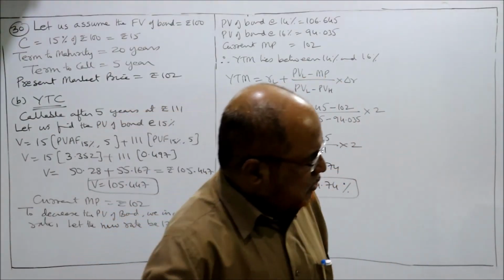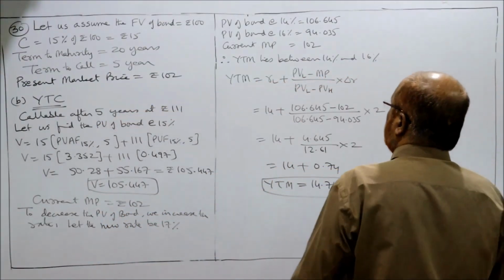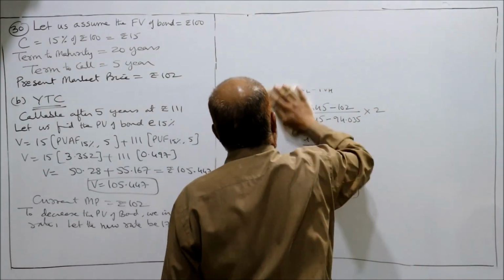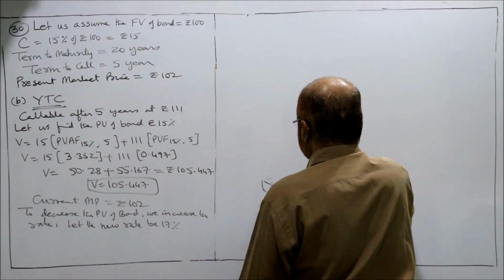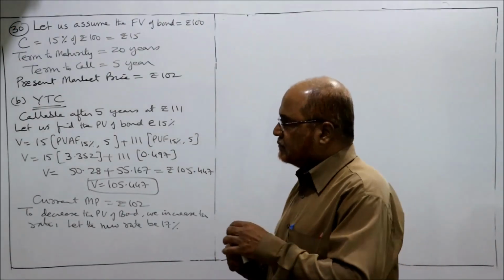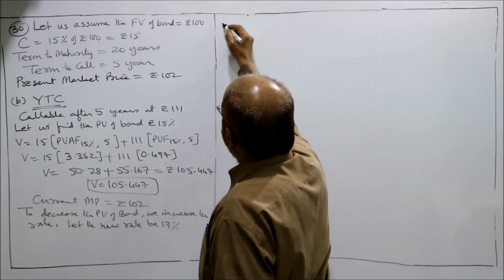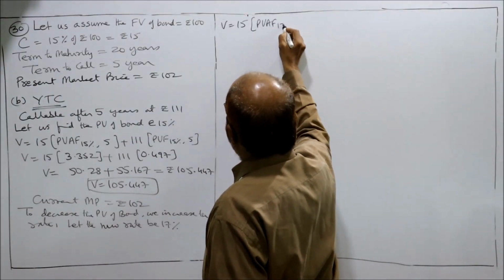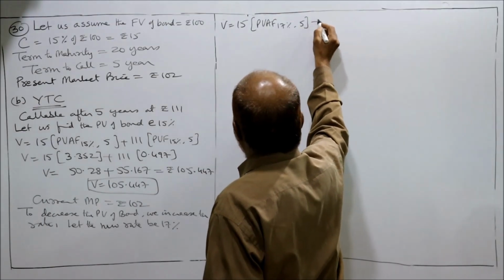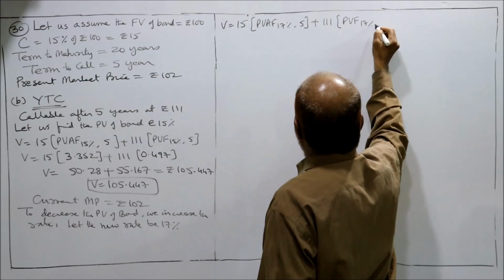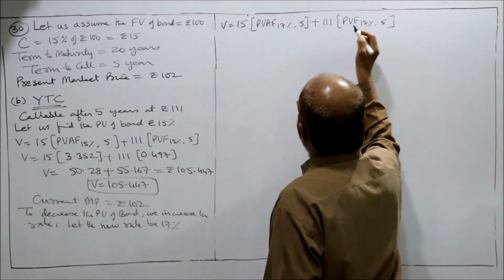Suppose we are going to find out at 17%. V is equal to 15 into PVAF 17% for 5 years plus 111 into PVF 17% 5 years.